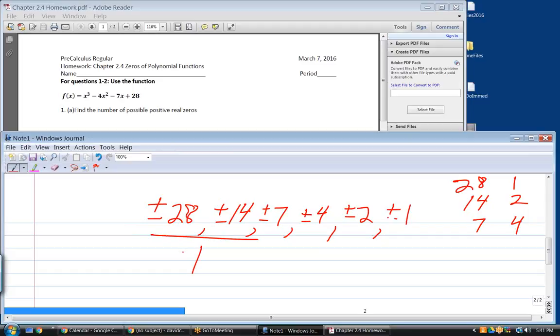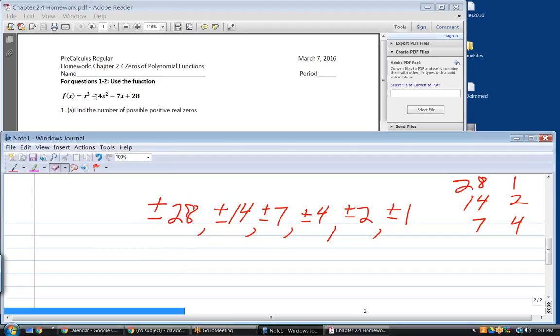My denominator has to be plus or minus 1. So basically, I can ignore the denominator in this problem. If this had a 2 sitting right there, then my denominator could be either 2 or 1. If I've eliminated it to 1 only, in this case, then I can just erase it. Those are my possible rational factors.